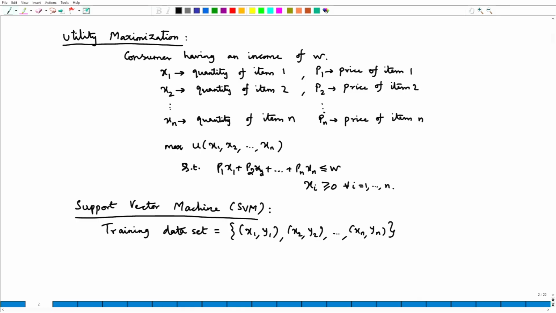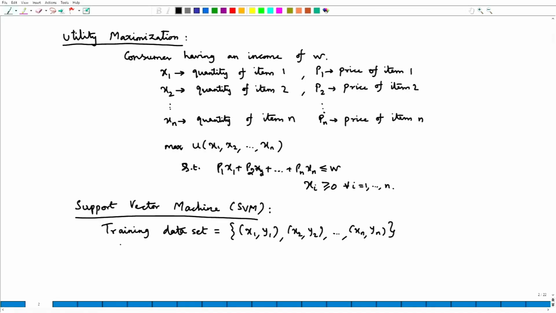X1 is a data point for which there is a particular label, x2 is a data point for which there is a particular label, dot dot dot xn is a data point for which there is another particular label, right. And yeah, so we consider a binary classification problem. So, yeah, yi is either -1 or +1.